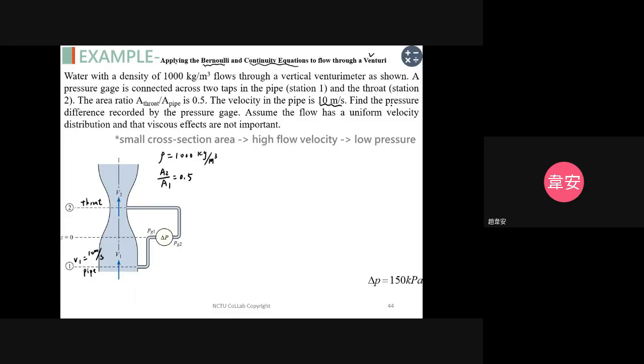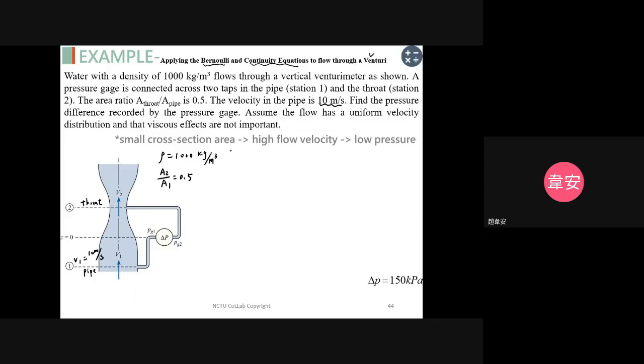Please find the pressure difference recorded by the pressure gauge. Here we have the piezometric pressure 1 and piezometric pressure 2. What is the delta P here? For this problem, we assume the flow is uniform flow, and that viscous effects are not important.